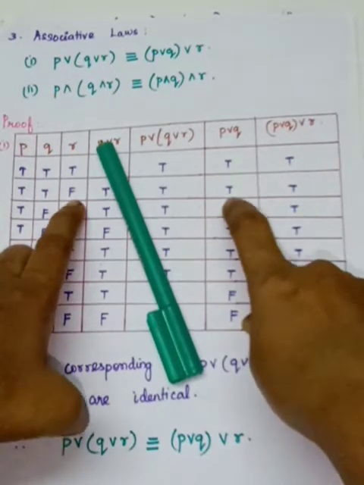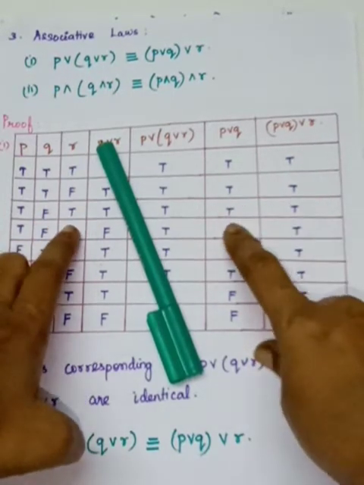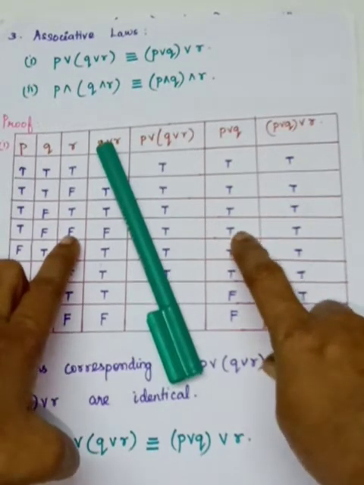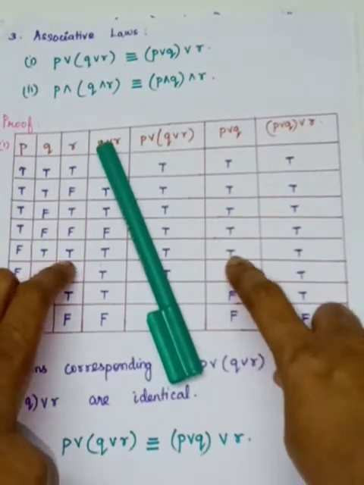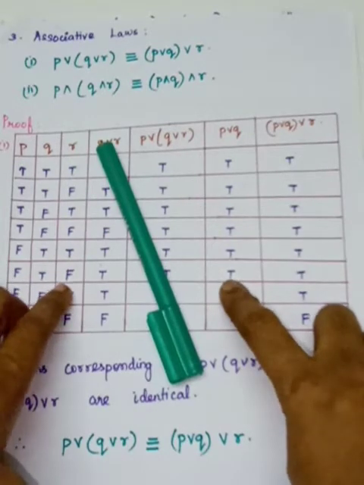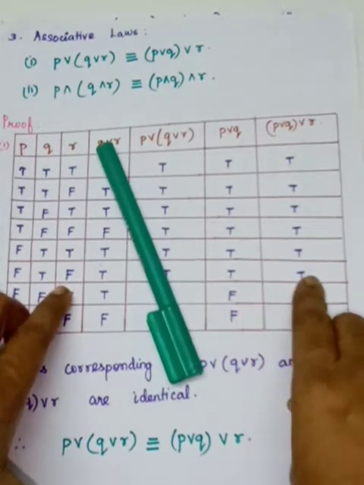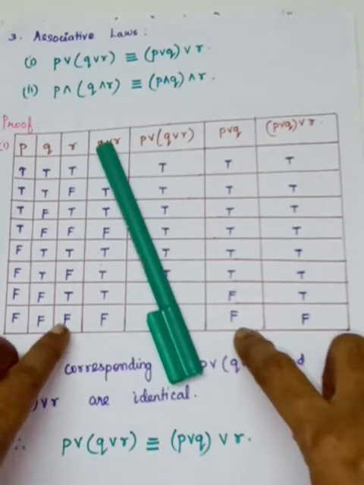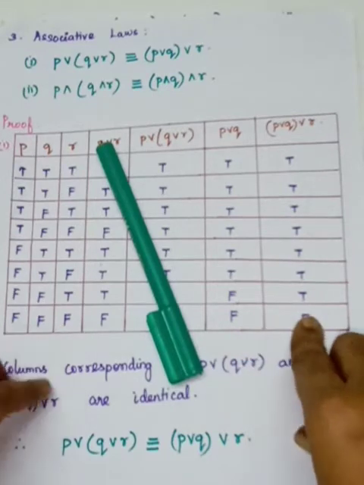Here one is true, it is true. Here both are true, it is true. Here one is true, so it is true. Here both are true, it is true. Here one is true, so it is true. And here this one is true, so R is true here, therefore it is true. And here you look at this, both are F, so it is F.